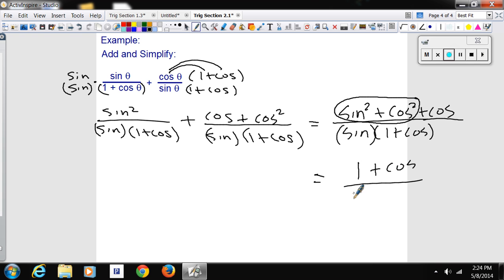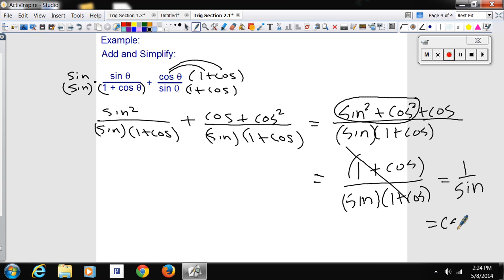On the bottom, I've got sine times 1 plus cosine. So what do you think? You can cross cancel those. You're going to get 1 over sine again. So what is that going to equal? Cosecant again, yes. So that goes all the way down to cosecant once again.